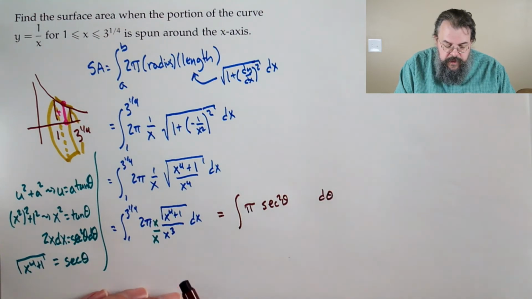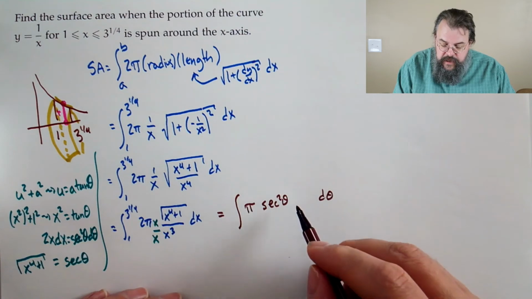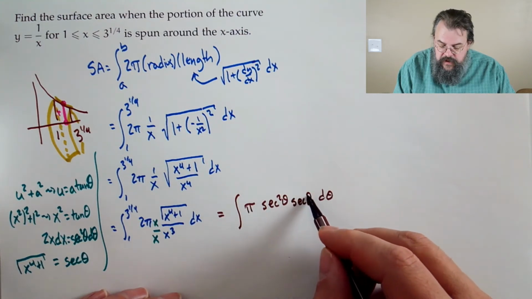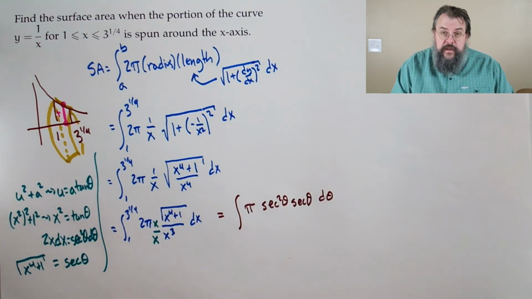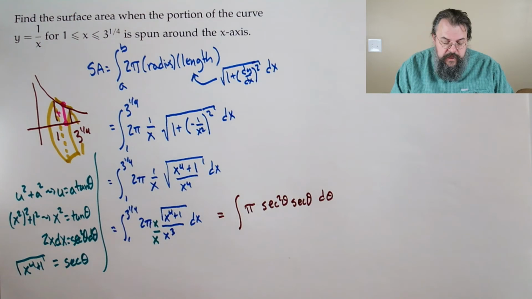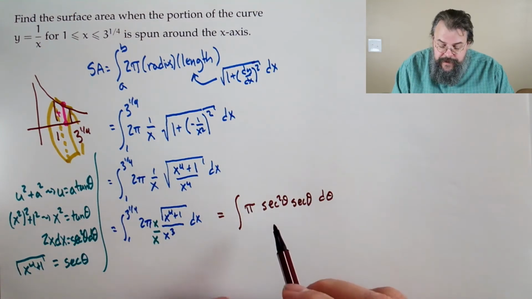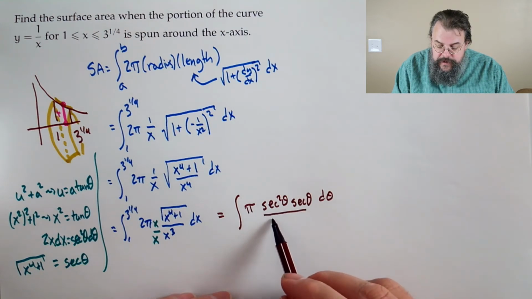We also need to leave room because we have that square root of x to the fourth plus 1, which is a secant. Okay, so that's the secant cubed. All right, good. And then what do we have? Well, downstairs we have an x to the fourth. That's x squared squared. That's a tangent squared.